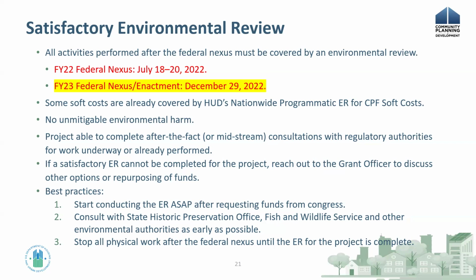For projects that have pre-nexus contractual obligations, this can be a real problem because, as the work is technically allowed to proceed prior to the completion of the environmental review, any work that you have under that pre-nexus contractual obligation still needs to be covered by a satisfactory environmental review for the project to be eligible for repayment. So some of these situations will require after the fact or midstream consultations with environmental authorities for activities that have already been performed.